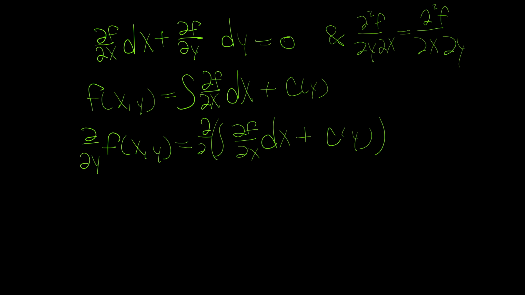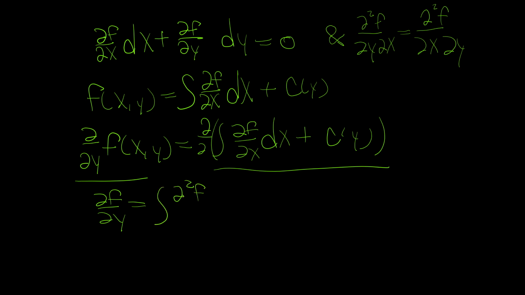Taking the derivative of both of these sides with respect to y, I end up with partial f with respect to y, and that's equal to the integral of partial squared f partial y partial x plus the partial with respect to y of c of y.